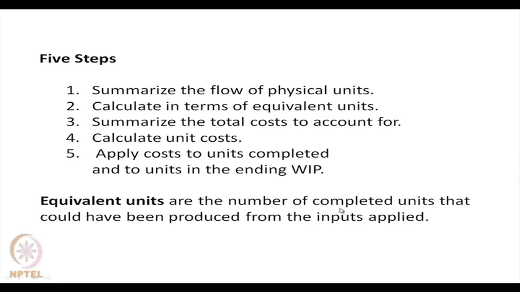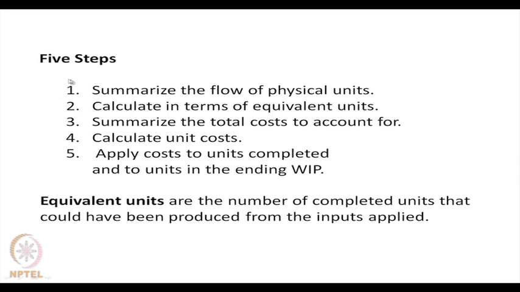Could have been completed units. Actually, the completed units are 20,000, but the remaining 5,000 units are in semi finished or semi completed stage to the extent of 25%. So, we will consider this and find out the equivalent units. Summarize the total costs to account for, calculate the unit costs and apply the costs to units completed and to units in the ending work in process.